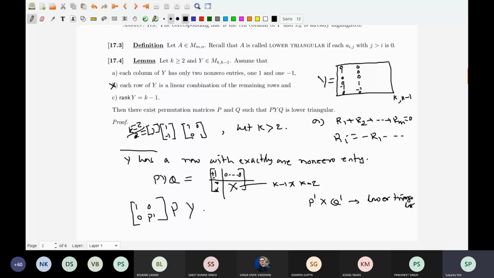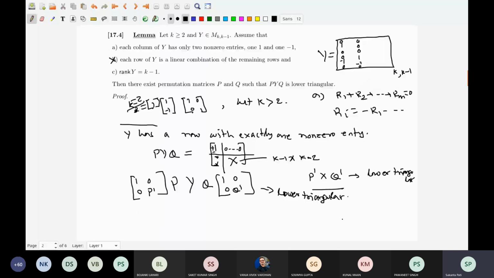This is lower triangular because that is exactly this one, with 1 on the top. So this will be lower triangular. Now, everything went with the hope to find a row with exactly one non-zero entry.